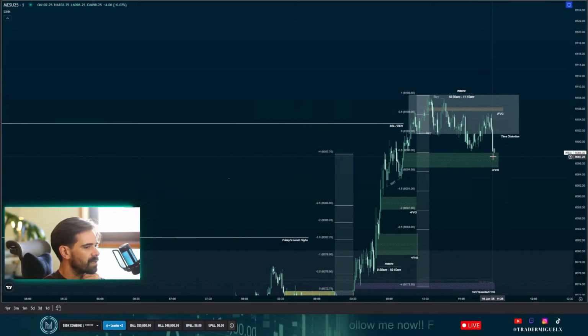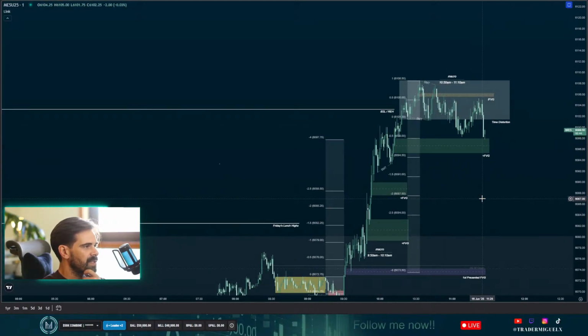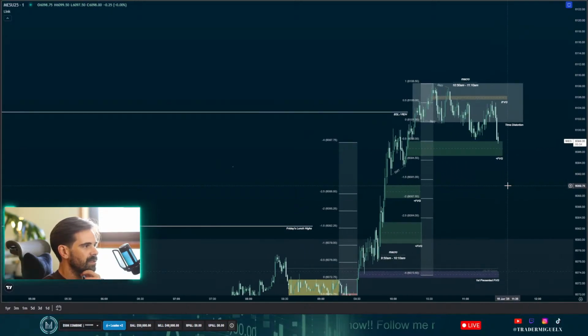What time is it? 11:26. So it's kind of an odd time to present us with displacement. If this action would be inside of a time window of 11:50 to noon 10, yeah, this is what I would like to see inside of a macro, but not outside of a macro.